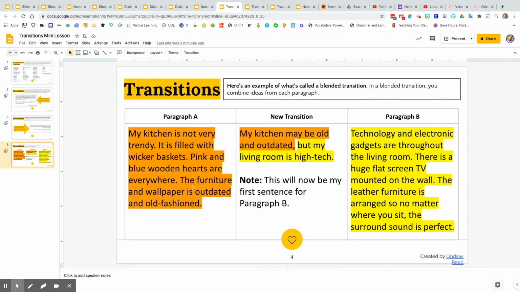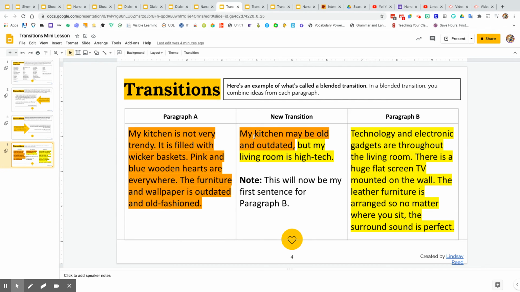So without a transition between paragraph A and paragraph B, it's kind of a jarring shift in ideas. But we can use this blended transition where I take a little bit of the idea from paragraph A and a little bit of the ideas from paragraph B, and I combine them into one sentence.